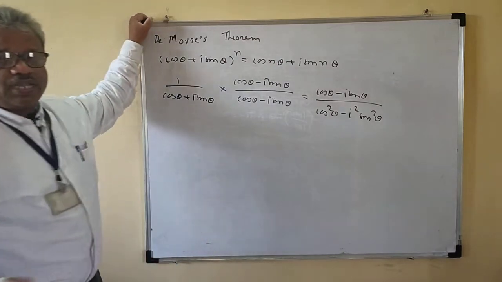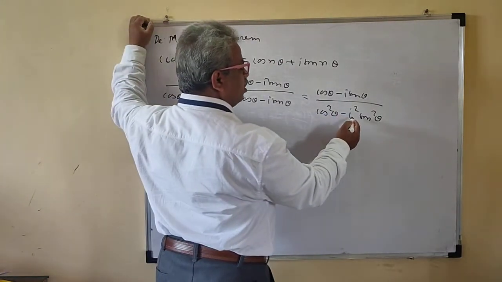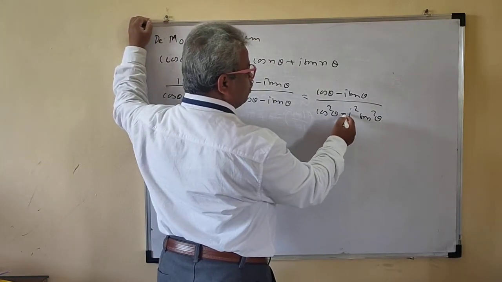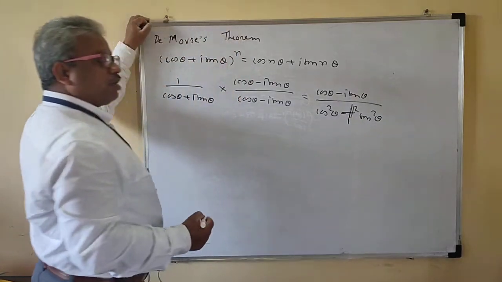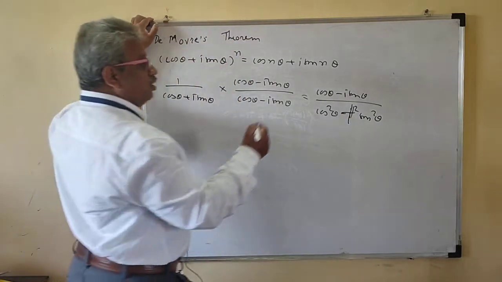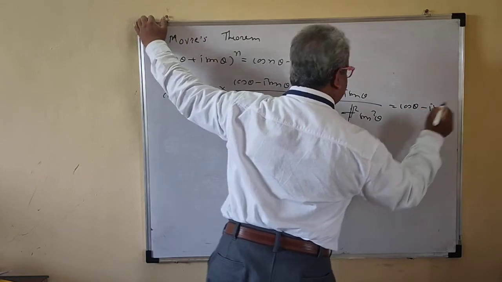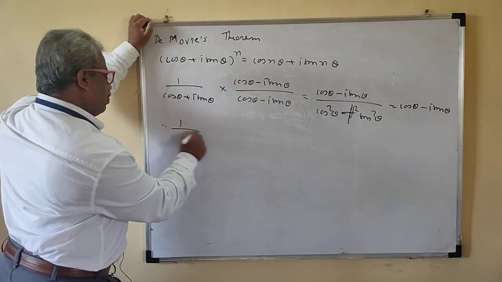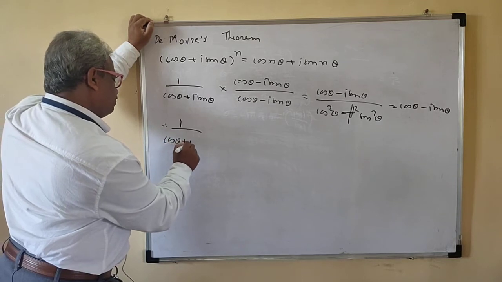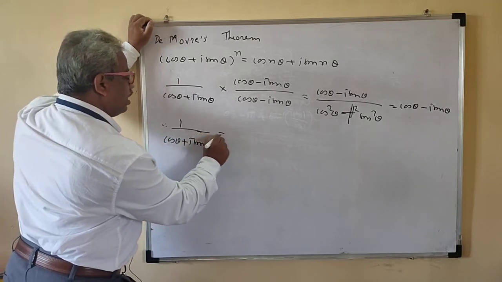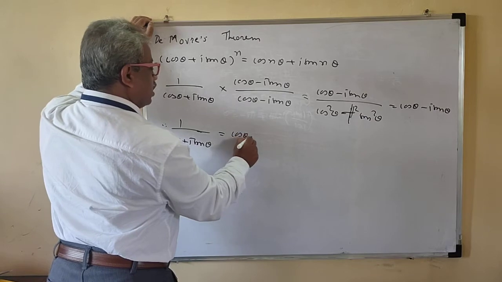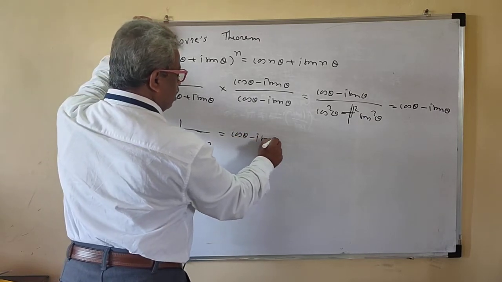But i square is minus 1, so this becomes plus, and cos square theta plus sin square theta is 1. Therefore 1 upon cos theta plus i sin theta is equal to cos theta minus i sin theta.